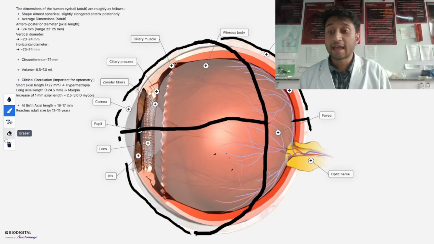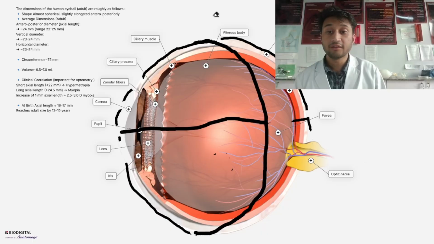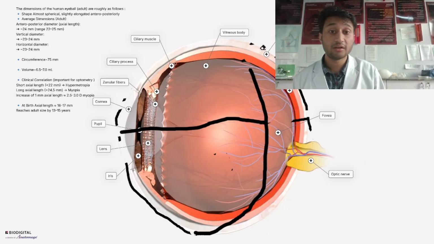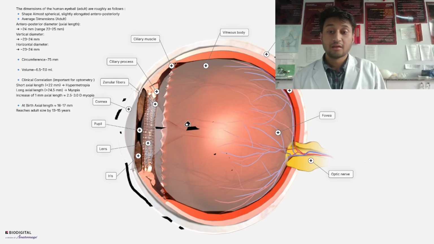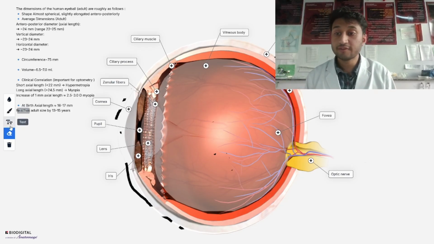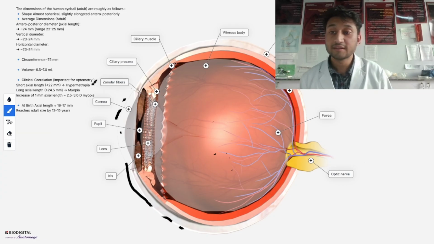And if the axial length of an eyeball is larger, this means the eyeball is extended. This means the light is being focused in front of the eye.